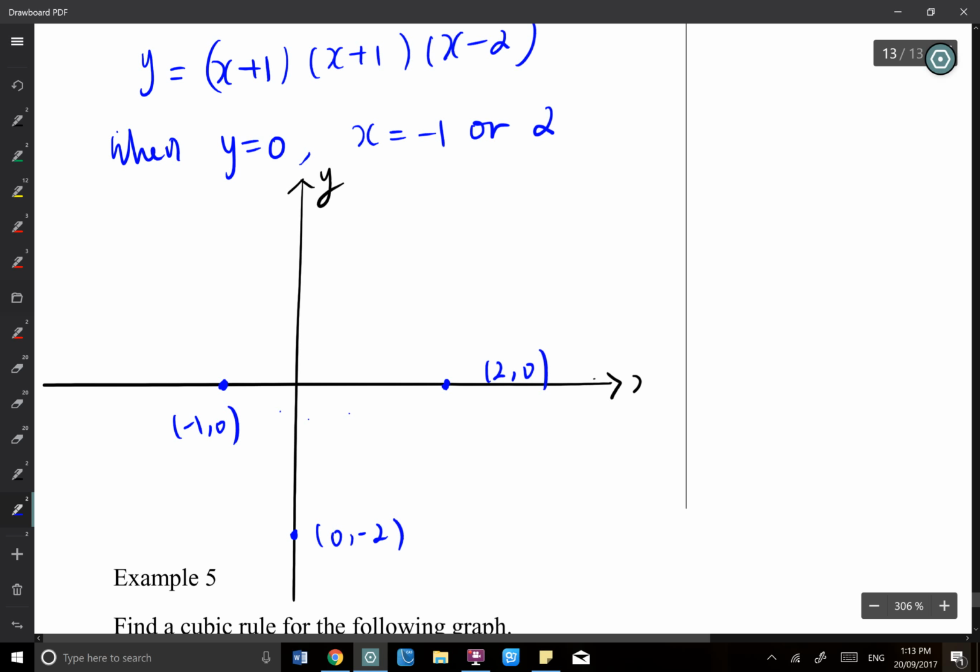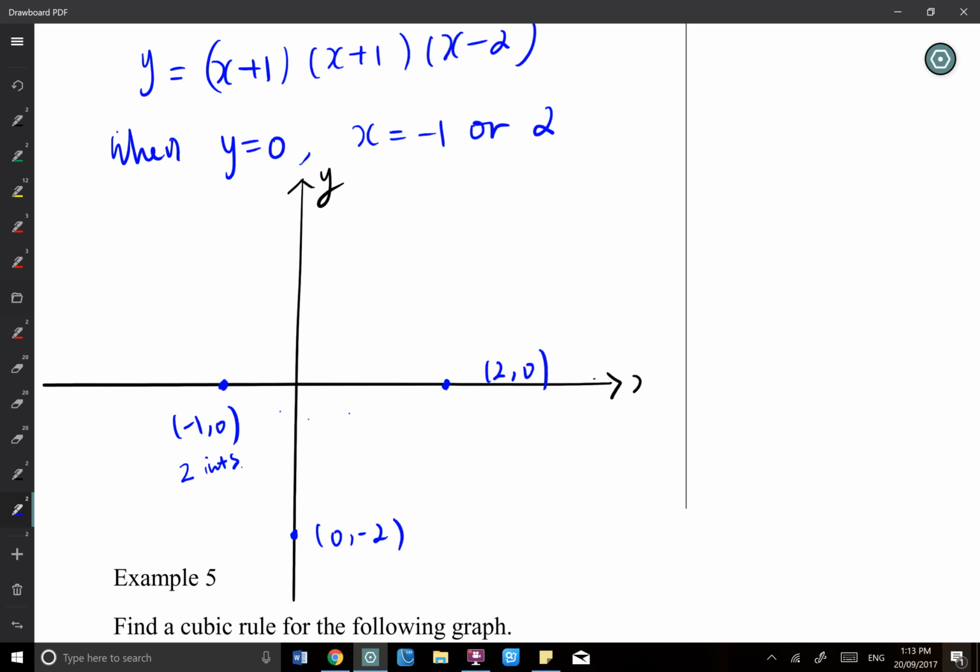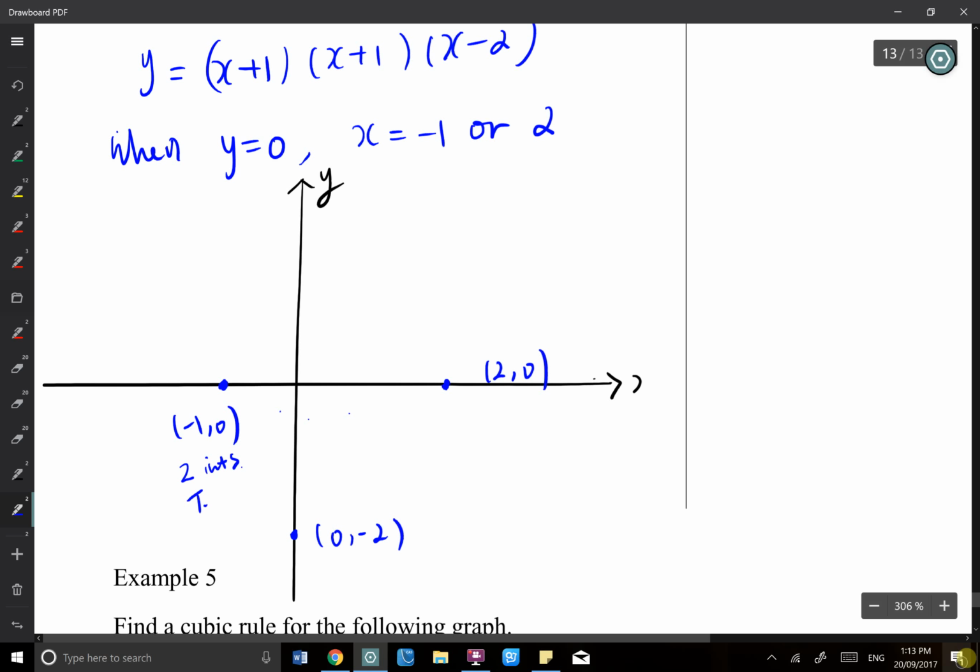And where do you have 2 points? I have two intercepts here. At -1, you have it repeated twice, -1 and -1. That point will become a turning point. You just note down all of that first.